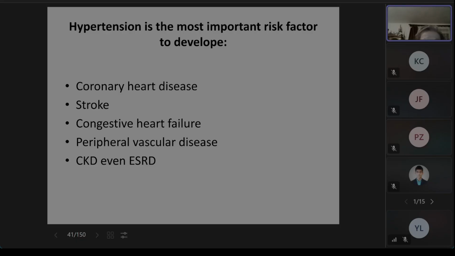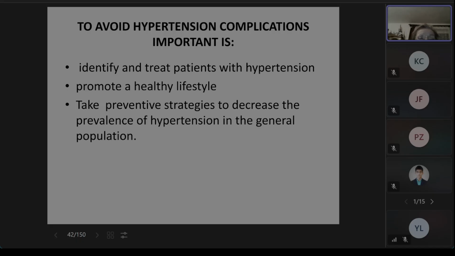So it is very important to avoid hypertension complications. And because of it, we first try to identify all patients with hypertension and treat these patients as well as possible.